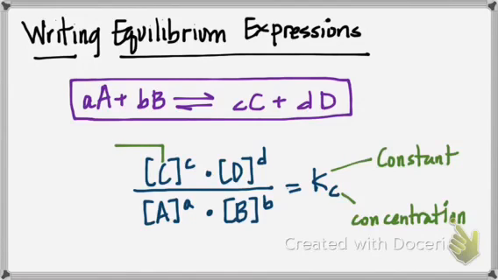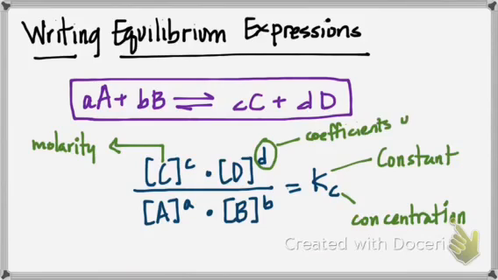The stuff in the molarity brackets, the capital letters, is telling you that you're dealing with the molarity of your different substances. And then your coefficients are shown in your exponents there. So these are coefficients used in the balanced equation.